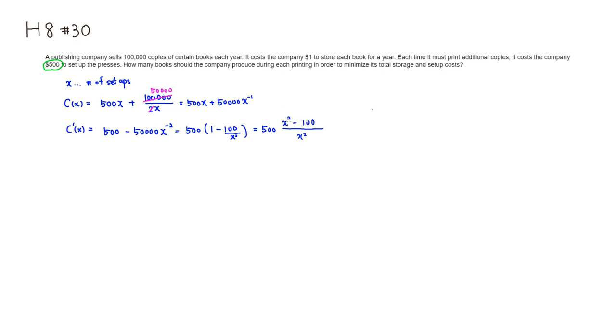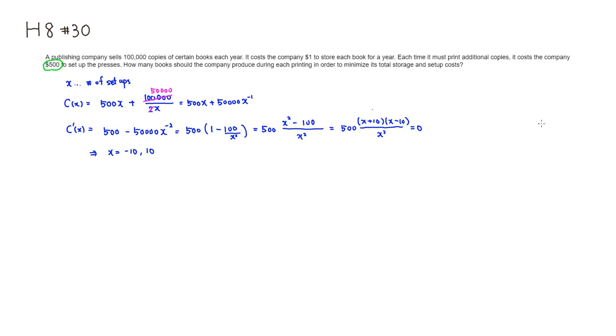Then we can factor the top: 500 times x plus 10 times quantity x minus 10, over x squared. We set that equal to 0 to find the critical numbers. x is going to be equal to negative 10 and positive 10.